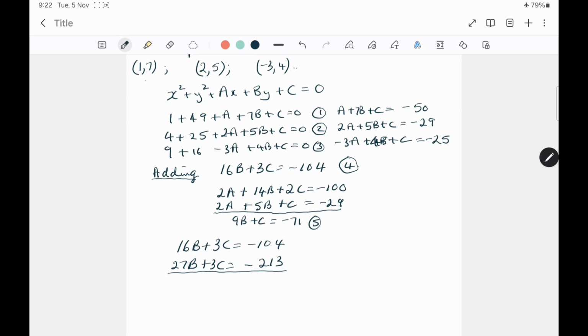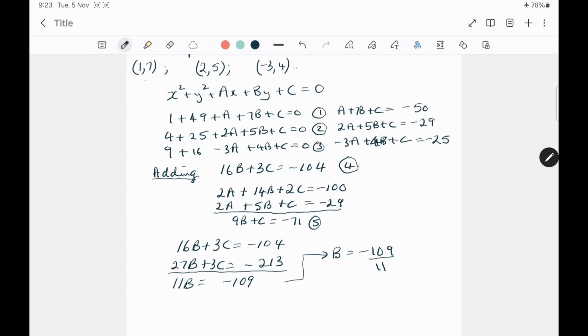And now subtract. We get 11b equals minus 109. That's subtracting the top equation from the bottom. And that means we now have b equals minus 109 divided by 11.